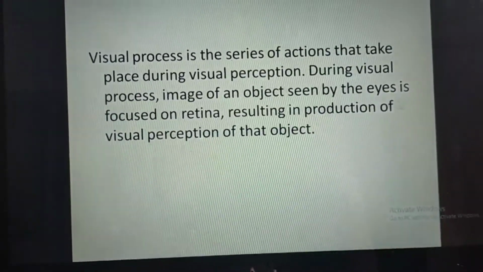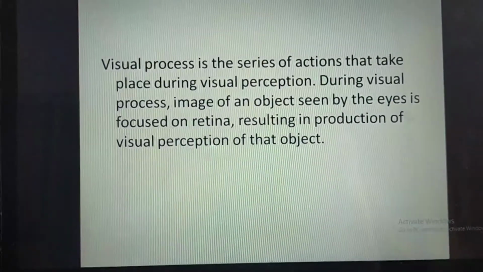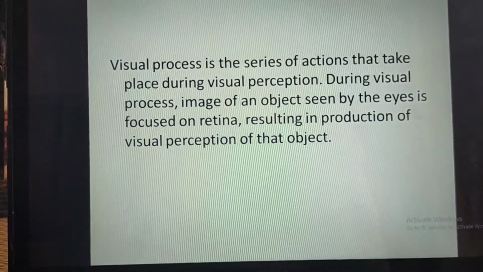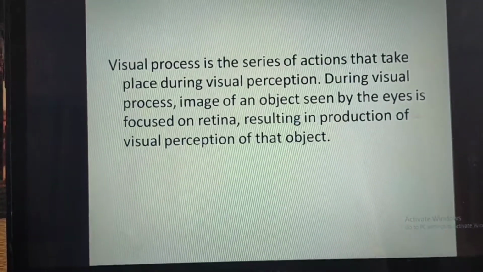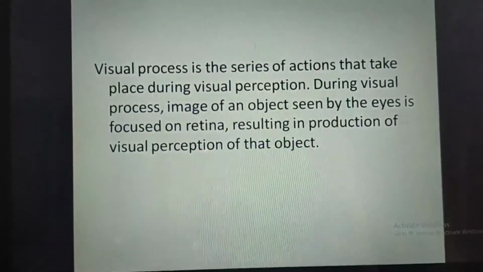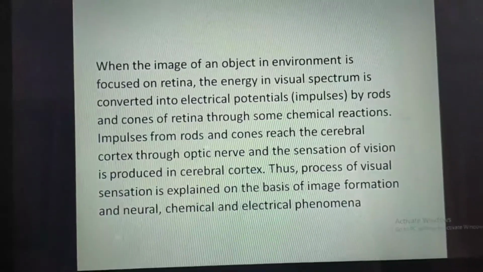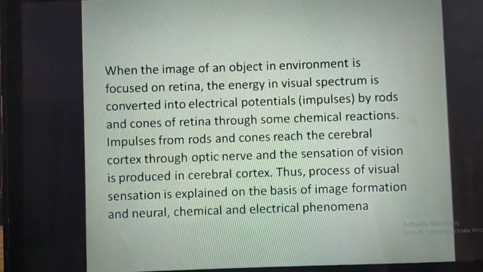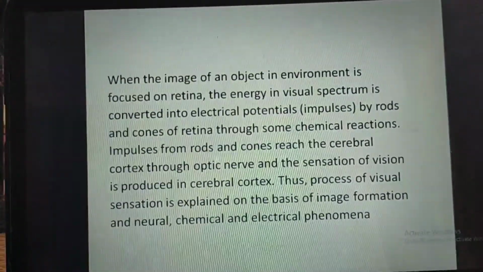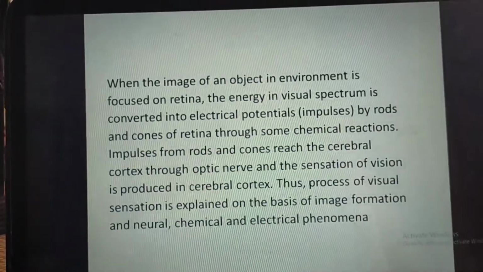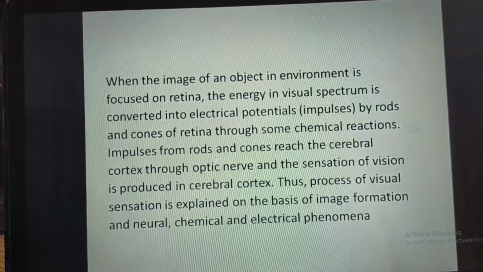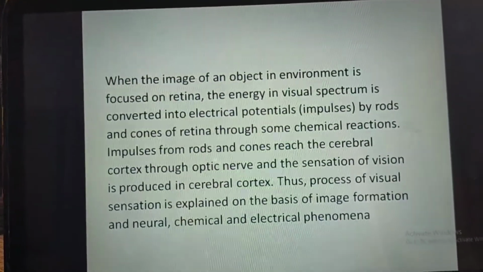Visual process is a series of actions that take place during visual perception. During the visual process, the image of an object seen by the eyes is focused on the retina, resulting in the production of visual perception of the object. When the image of an object in the environment is focused on the retina, the energy in the visual spectrum is converted into electrical potentials, or we can say impulses, by rods and cones of the retina through some chemical reactions.